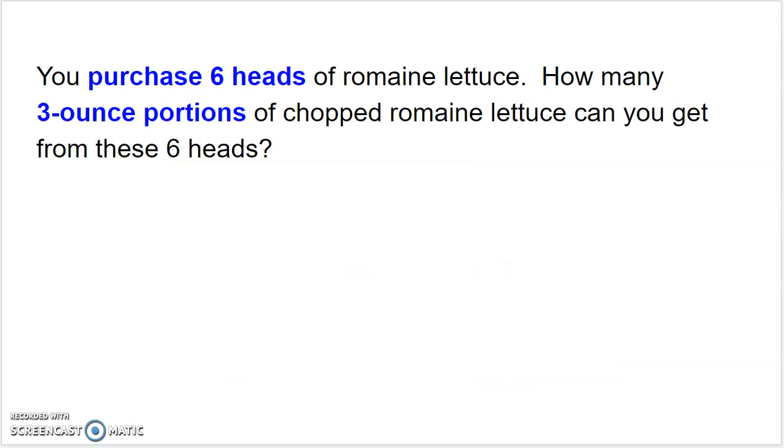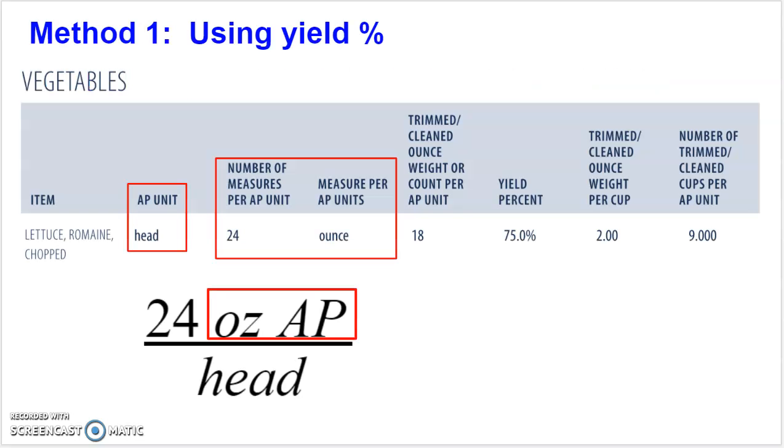So here's an example problem. You purchase 6 heads of romaine lettuce. How many 3-ounce portions of chopped romaine lettuce can you get from these 6 heads? So there's a couple different methods that you can use to do this. Method 1 is using yield percent. So to start off with that one, we look at our AP unit. We see that it's 24 ounces per head.